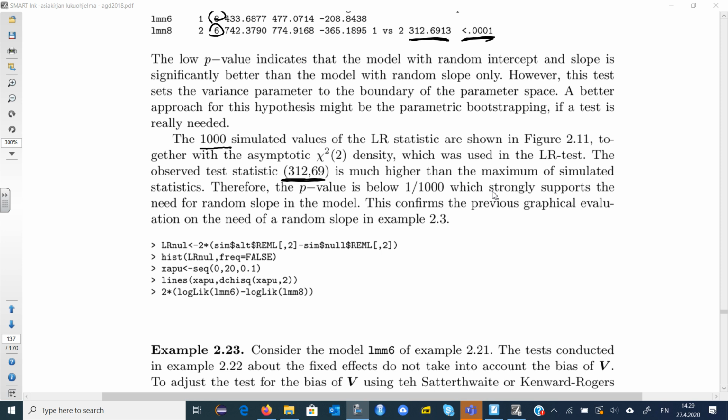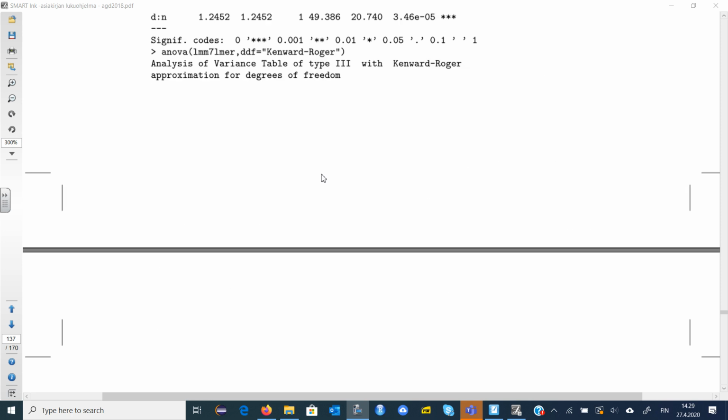It is not shown here, but it is the output from this command, so it gives 312.69. Those 1,000 simulated values of the likelihood ratio statistic show our distribution of the test statistic under the null hypothesis, and then we can compare whether this value is very rare or exceptional in that sample.